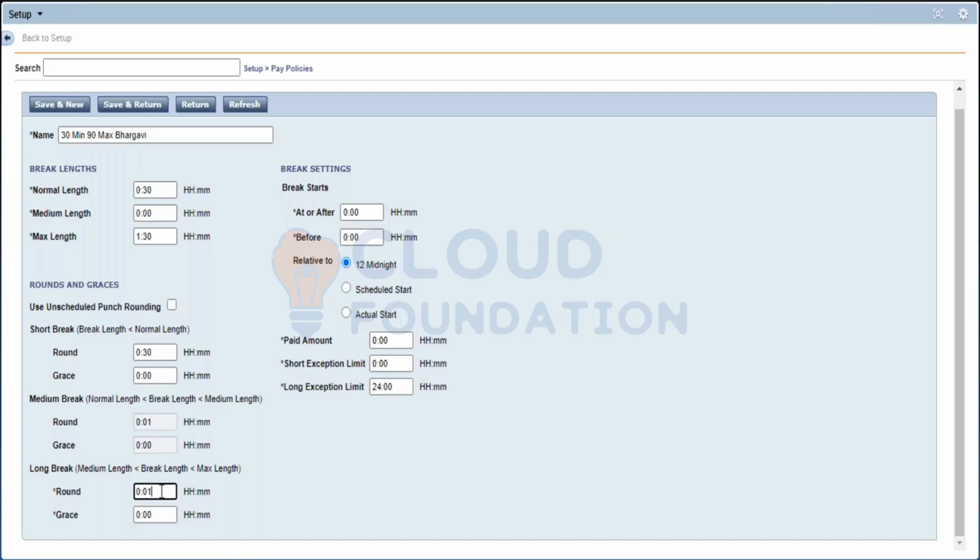But for my long break, I want it to round to the next at 6. My round is going to be 6 and my grace is going to be 0. So I want my short to be calculated by 30 but 00 and my long to be calculated via the 1/10 hour rounding.